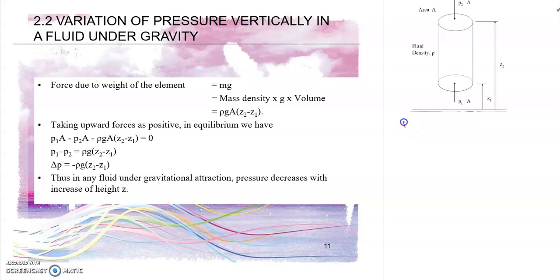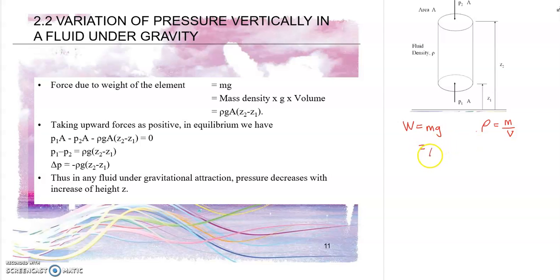As we have learned in chapter 1, weight is equal to mass times gravitational acceleration, and you need to relate your mass with the density formula, where mass density is equal to mass over volume.